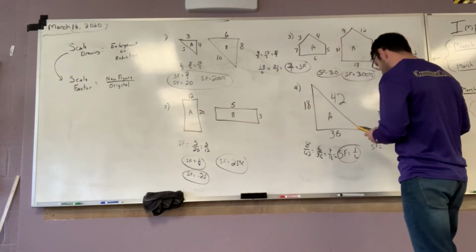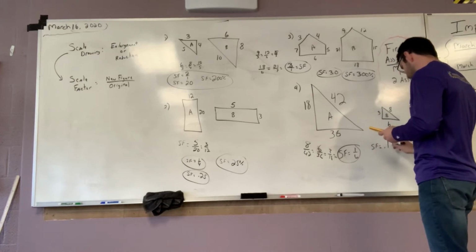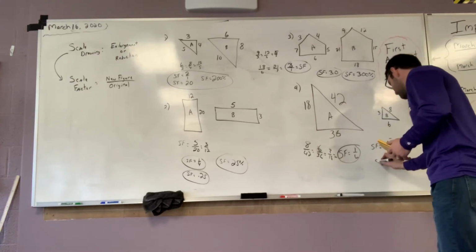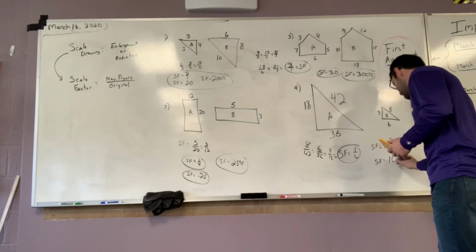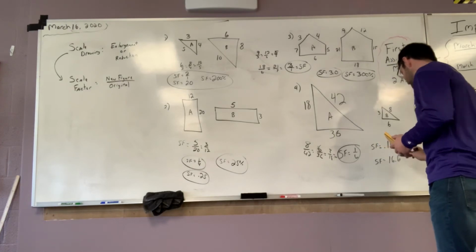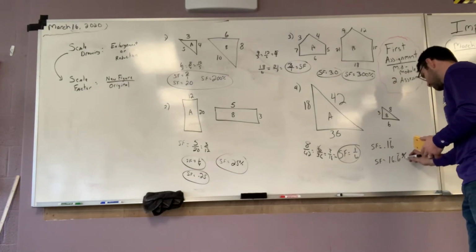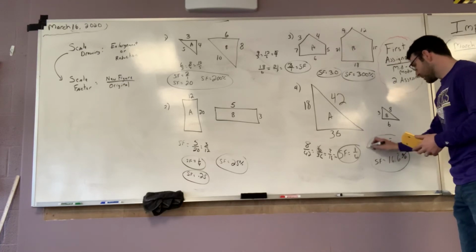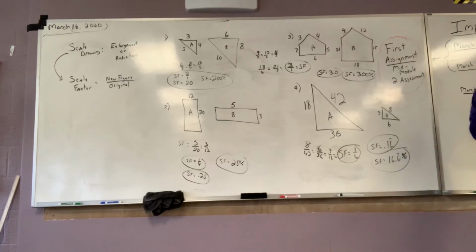Okay, so we're gonna have to round. It gives me 0.16 repeating, which gives me a scale factor as a percent of 16.6 repeating percent. This is scale factor using percents, decimals, and fractions, which you will need to do.